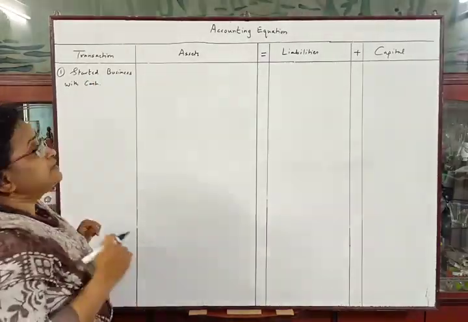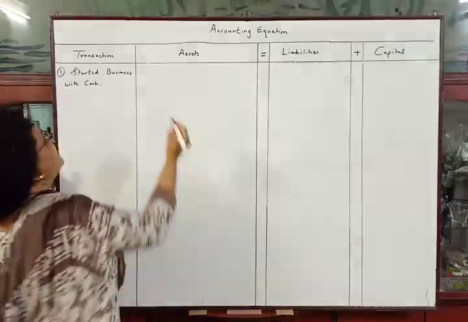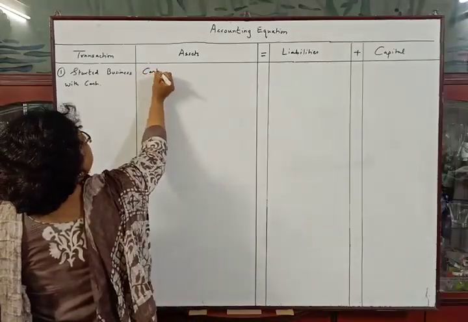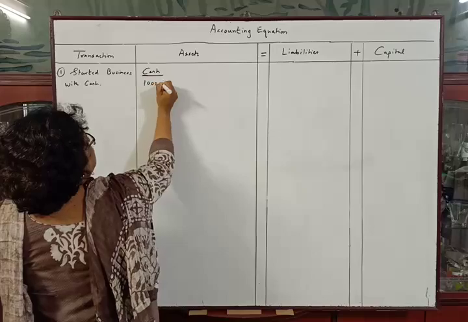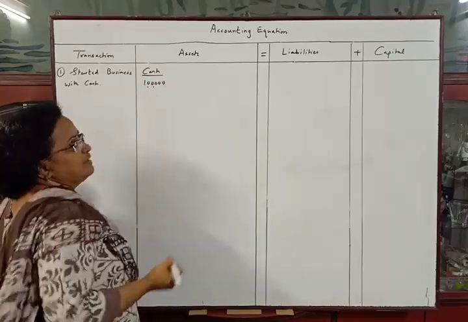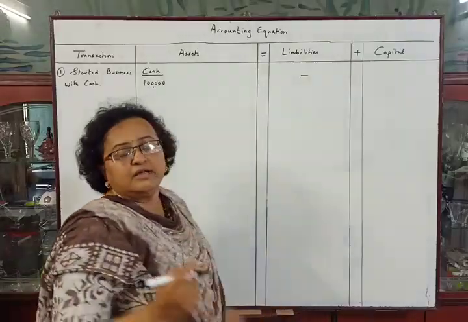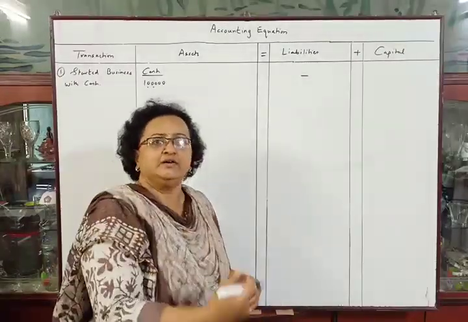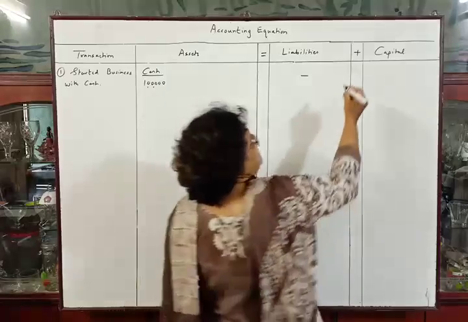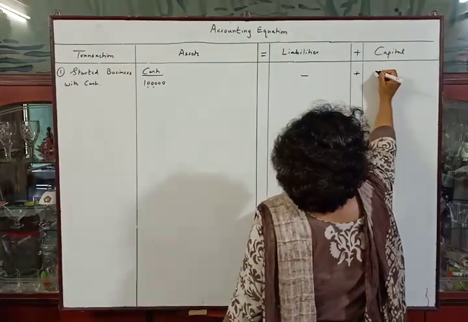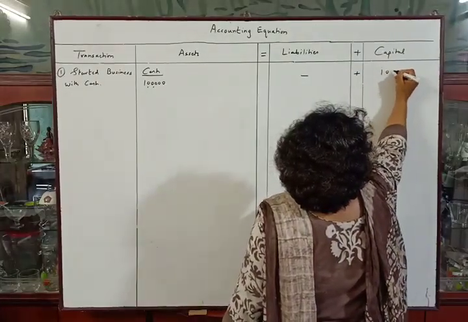So our cash is our asset. So in assets column, cash rupees 1 lakh. There will not be any liability and the owner has invested rupees 1 lakh into the business. It means his capital invested into business. So his capital will be rupees 1 lakh.